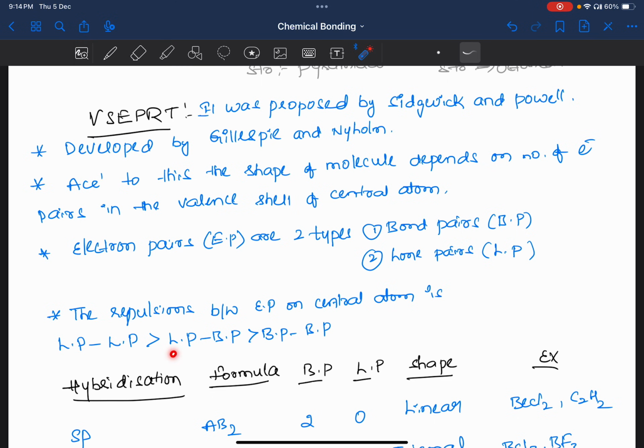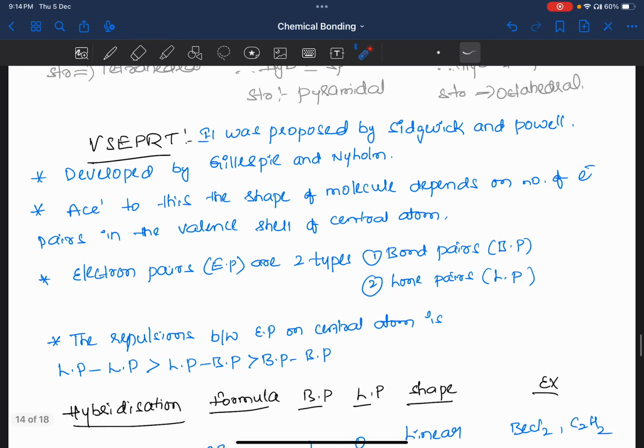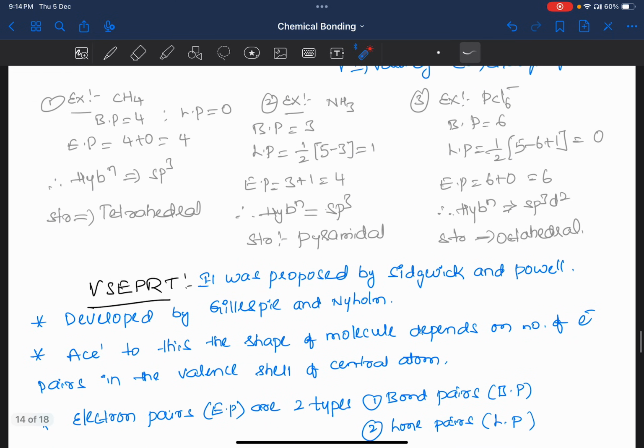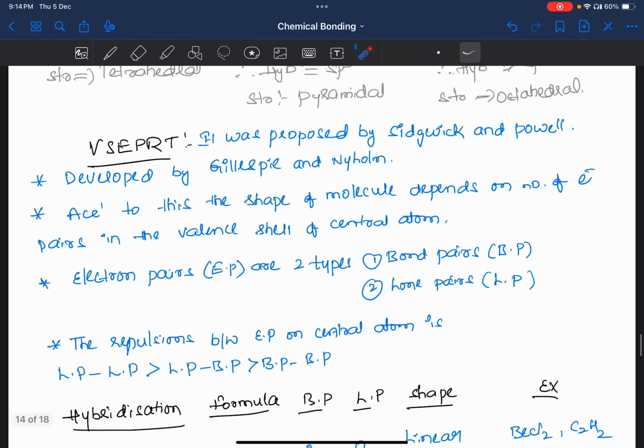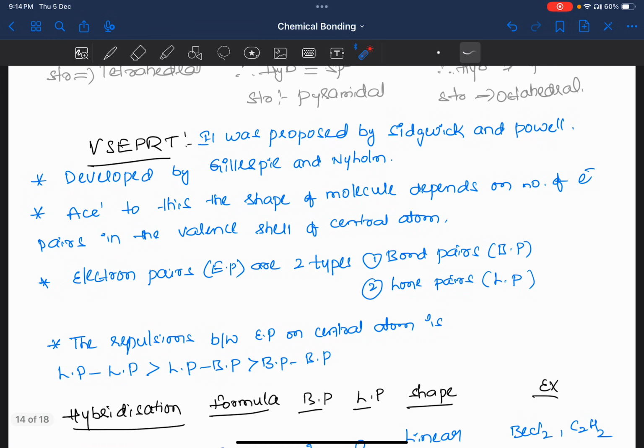That explanation is given by the VSEPR theory. Until now, with hybridization, they just gave the structures, but there was no reason. But this VSEPR theory explains that the structures of molecules differ majorly due to these repulsions.